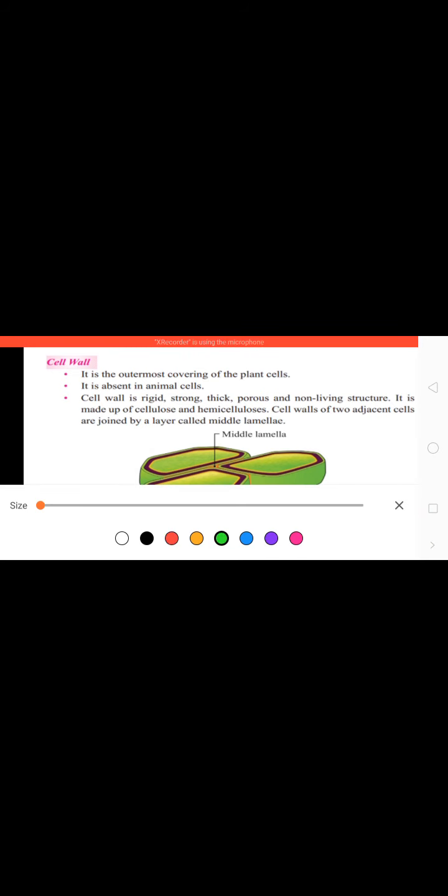So you can see over here a very prominent, very nice diagram of a cell wall. You can see the joint between the two adjacent cells is by a middle lamella, and there is a primary wall, secondary wall, and the plasma membrane. So this is the structure of cell wall observed under the electron microscope.